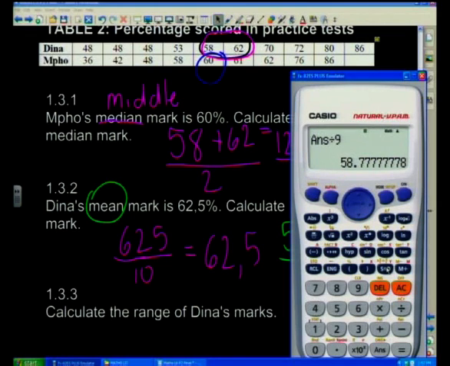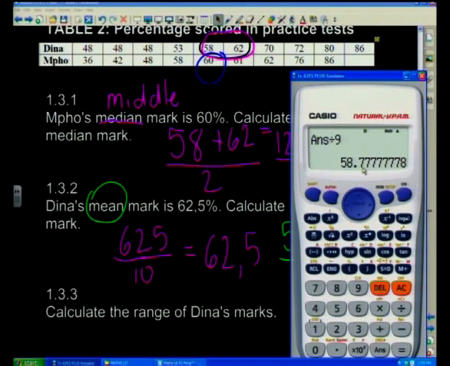If we're rounding this off to 1 decimal place, we're going to look at the 7 in the second place. The 7 tells us to bring the first 7 up to 8. 58.8. If we were rounding it off to the unit column, this 7 would tell us to make this 8 go up to a 9.